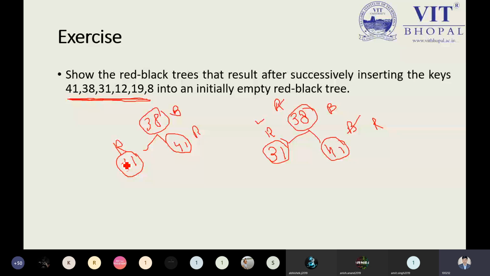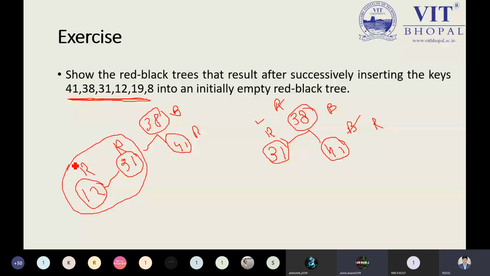So where should I insert 12? Left of 31. Okay, that is again what I'm getting, red. So these two could not be consecutive. So what do I need to do?